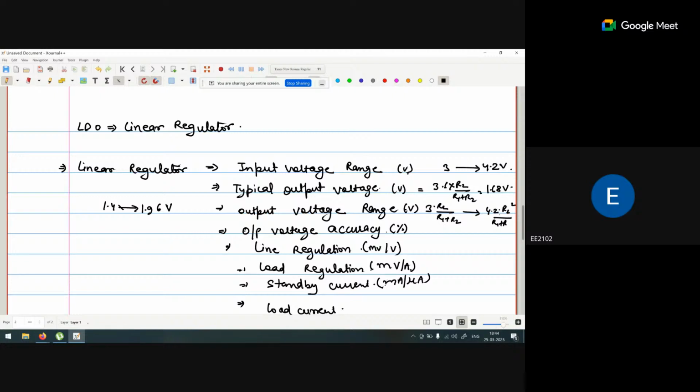The typical is 1.68. Okay, so we can calculate.